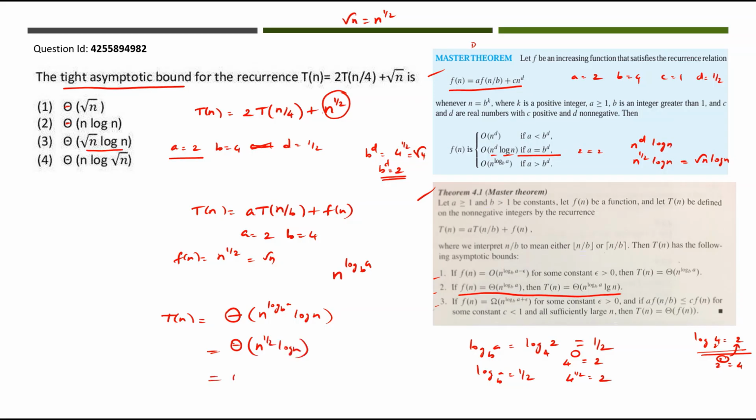This can be taken as theta of root n log n, which perfectly matches option number 3. Option 3 will be the right answer. We will rule out the other options. If you go this way, or if you equate f of n to root n and go the other way, the answer is the same. Wherever possible, I am trying to take the answer from both approaches using the master's theorem and tell you what the answer is.